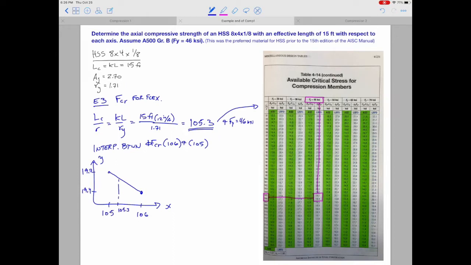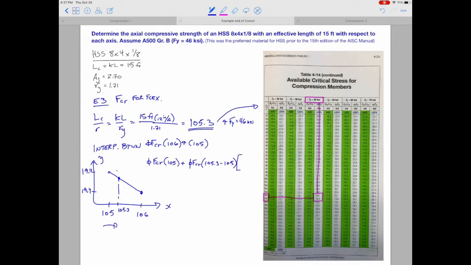Okay, so if I have this picture, basically all I'm doing is saying that I'm here and I need to find out what this value is. So I can say it's like phi Fcr at 105, add 105.3 minus 105, because that's how much I'm traveling along my x direction.